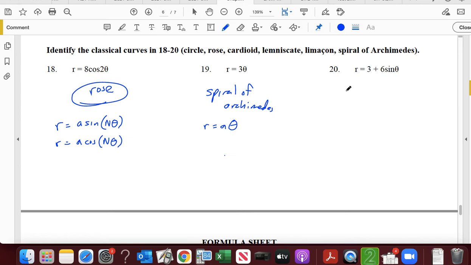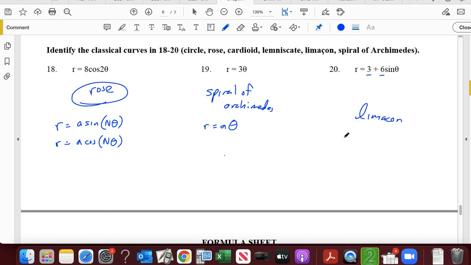Lastly, we've got number 20, which is 3 plus 6 sine theta. So notice it's not r squared or anything, so it's not the lemniscate. It's either the limaçon or the cardioid. But remember, for the cardioid, these two numbers have to be the same. So it's not the cardioid. So this must be our limaçon.